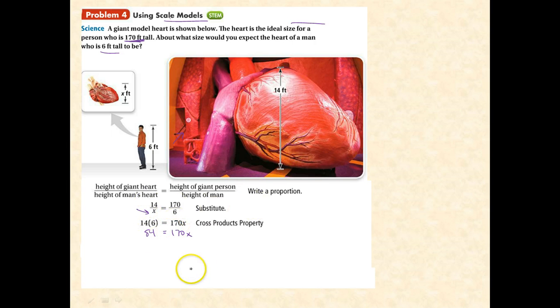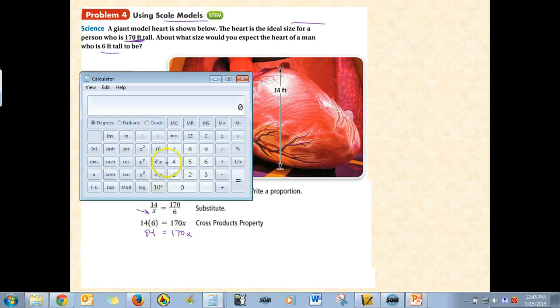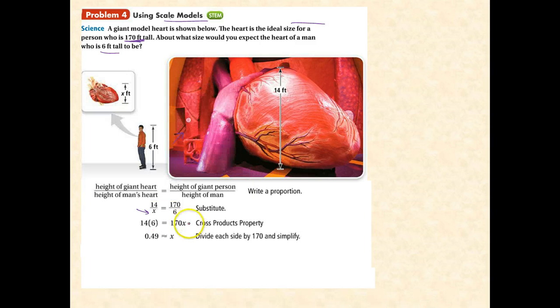So 84 divided by 170 is about 0.49. So x is approximately equal to 0.49. That's why it's a squiggly equal sign. And that means it'd be about 0.49 feet, or about 5.9 inches.